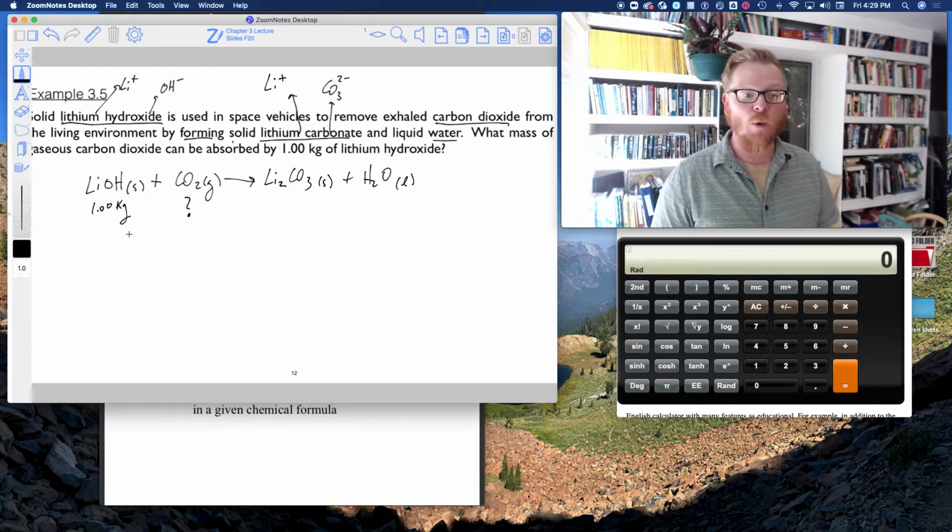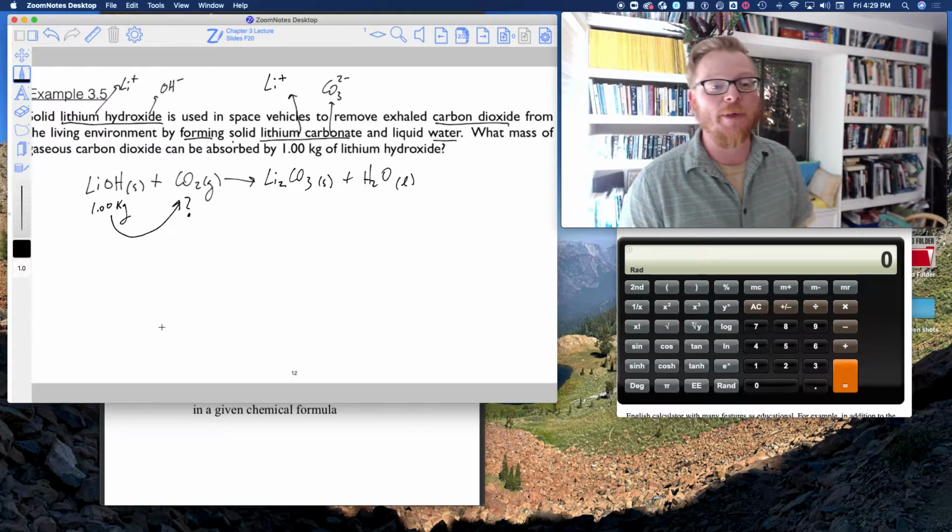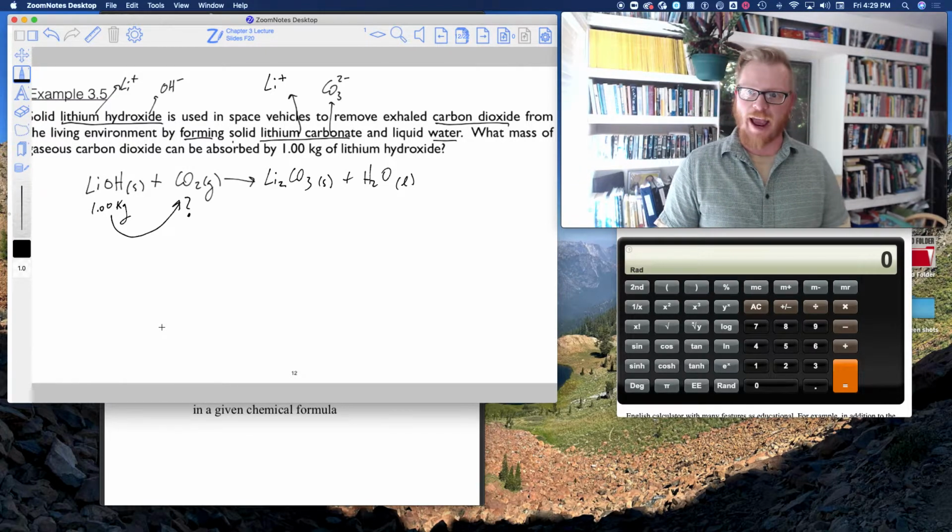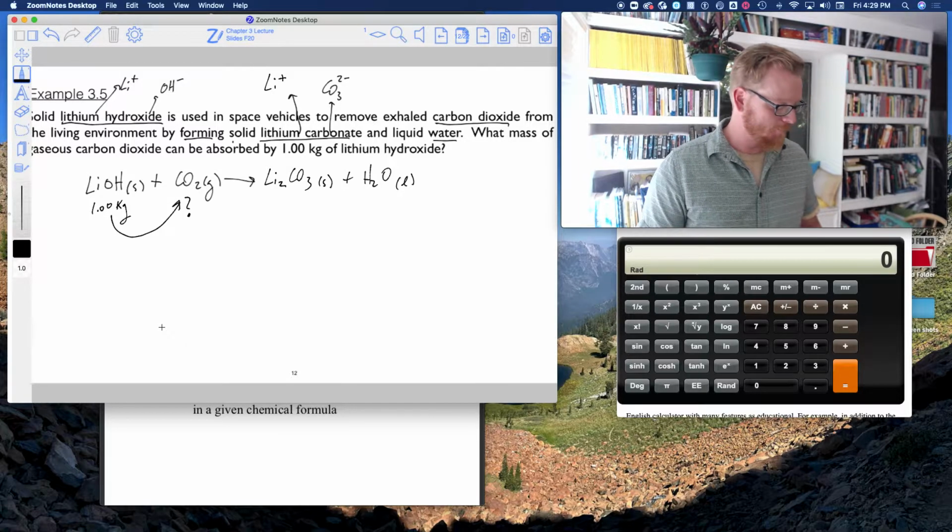So that means what I'm doing here is I'm saying if I have 1 kilogram of lithium hydroxide, how much carbon dioxide do I need to react with all of that? And maybe what you might also be thinking, did I balance this reaction? No, we got to do that. Okay, so let's balance it.